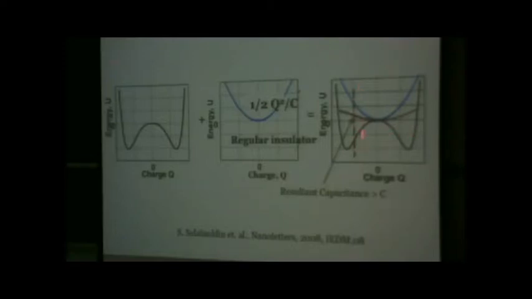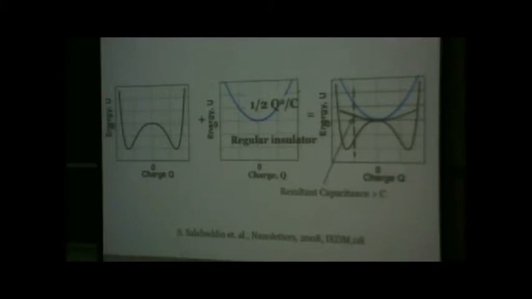So if the slopes are properly matched, the red will just look like a regular capacitor, except its curvature has gone down. And the curvature going down basically means that your capacitance has gone up, because again, I can fit another Q squared over 2C here. So to get the same charge, if I need smaller energy, C must be larger. Okay?